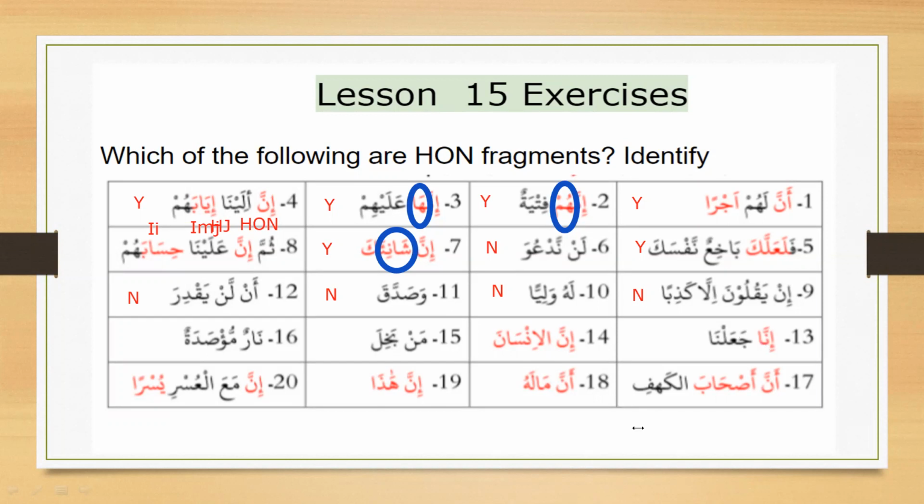Actually, remember, inna, anna, lakinna, when they combine with the attached pronoun ni or na, one noon is dropped. So this inna is the combination of inna plus the attached pronoun na. And when they combine, because one noon is dropped, instead of innana, it can be written as inna.